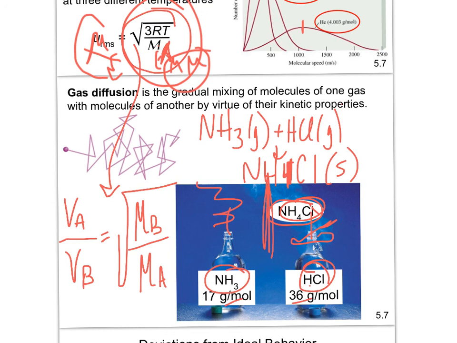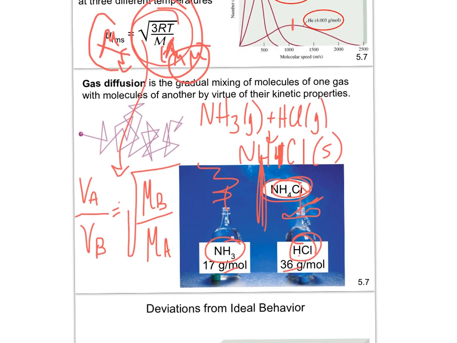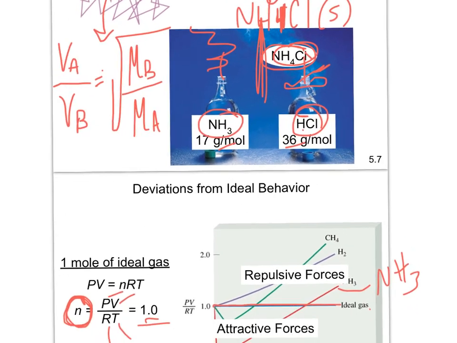Now, what this is also telling us is whether A is moving faster than B, or B is moving faster than A. If you have a number bigger than 1 in this ratio, then A is moving that many times faster than B. If you have a decimal, that means that B is moving faster than A. And you can calculate their relative rates based on that velocity.